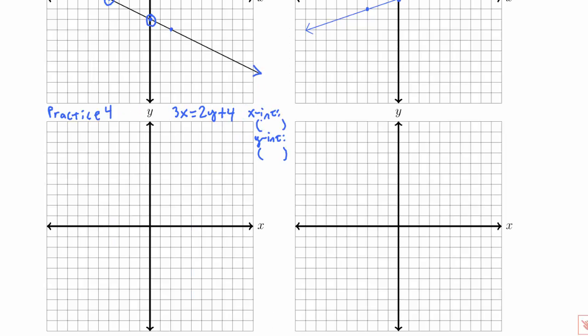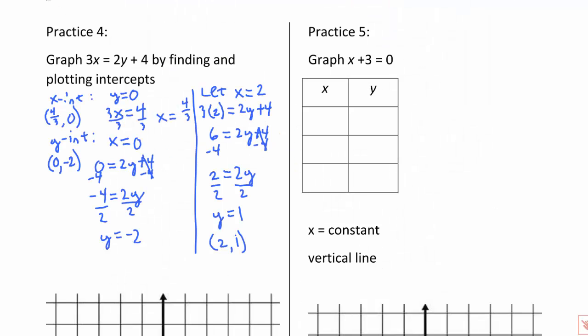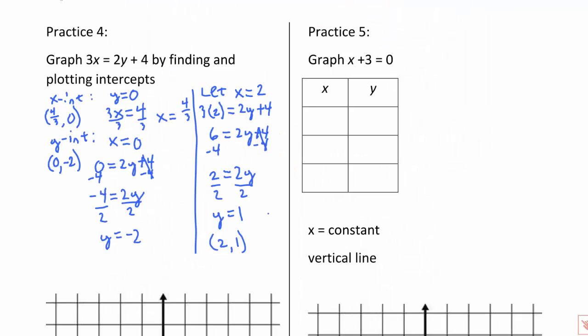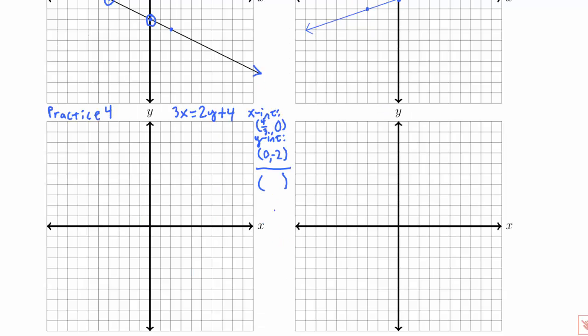So I'm going to go ahead and put in here (4/3, 0). The y-intercept is (0, -2). And then we just have an extra coordinate here that I've figured out, which is (2, 1). Okay, good. Let's plot these.